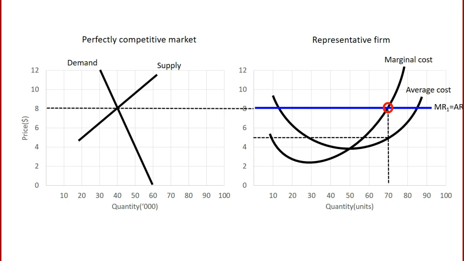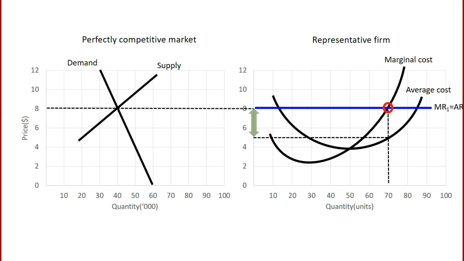And from that, we can then easily calculate the profit per unit being generated. It's the difference between the revenue per unit, $8, and the cost per unit, which is $5.